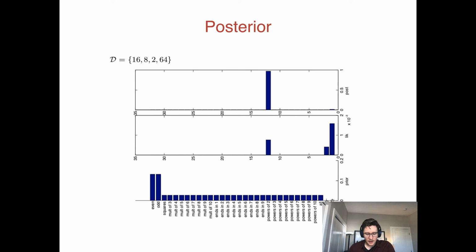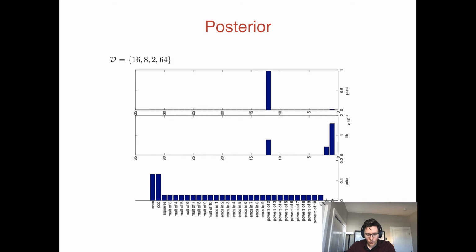You can also see that a rule like all ends up with quite low likelihood, because the probability of seeing each one of these numbers is 1 over 100, and we get that 4 times here. So it's 1 over 100 to the 4th power, rather than in the last slide where it was just the single power.